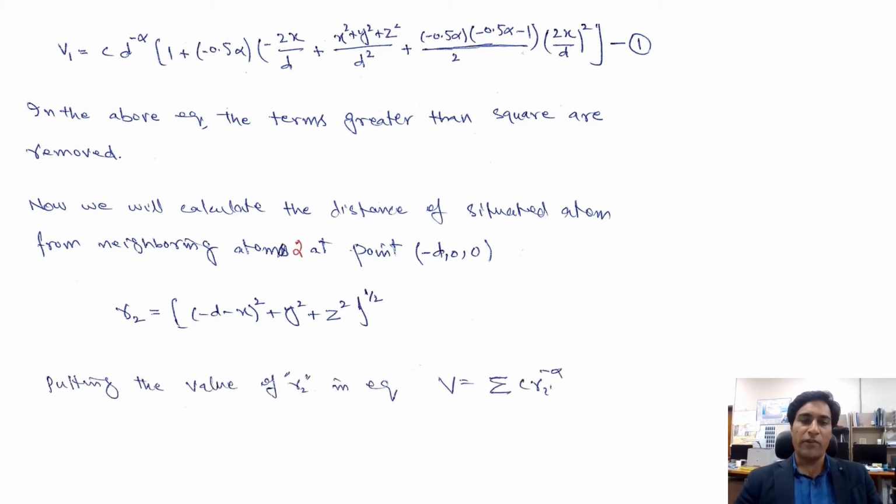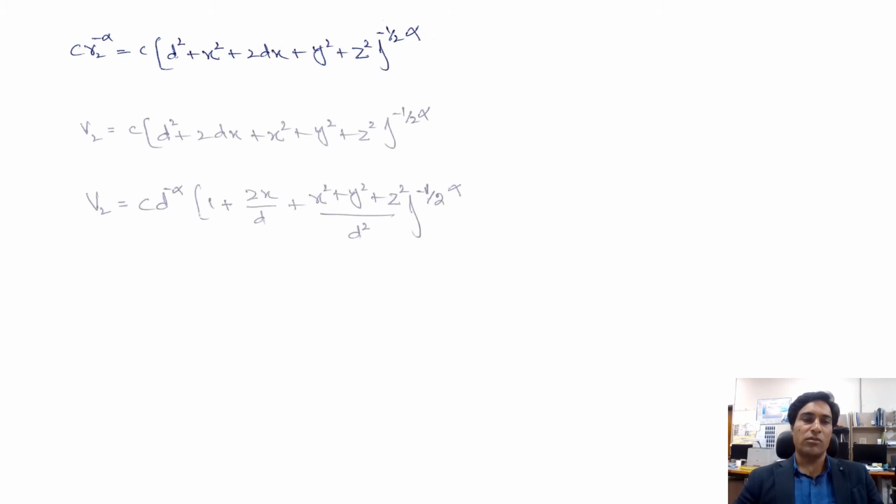Putting the value of r2 in the equation V is equal to summation of c r_i minus a, as we did before, we will get this equation, which is V2. So V2 is equal to c into d square plus 2dx plus x square plus y square plus z square, the power is minus 1 over 2a.